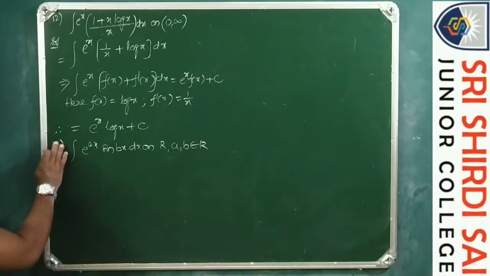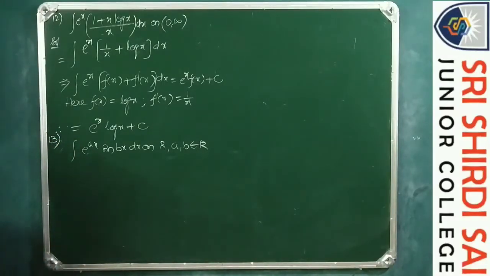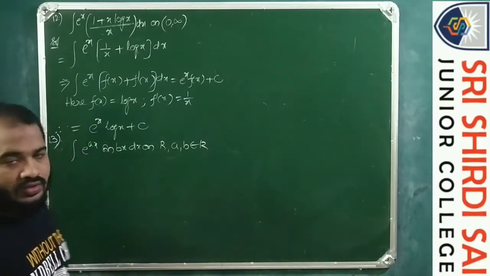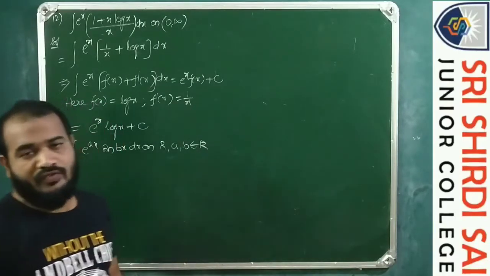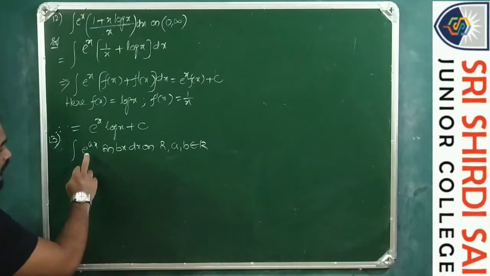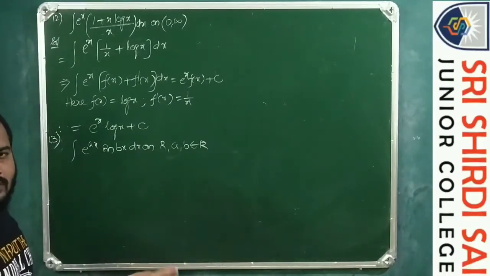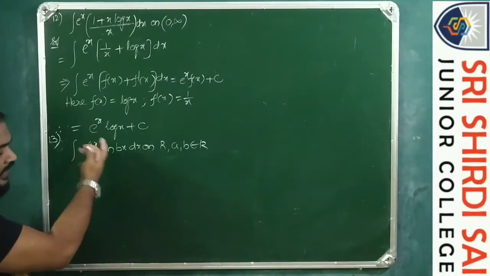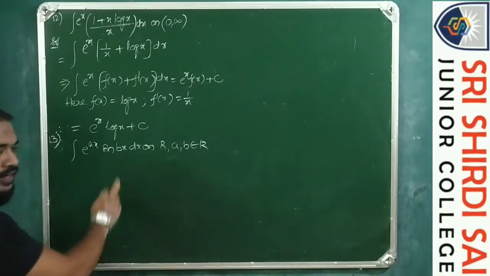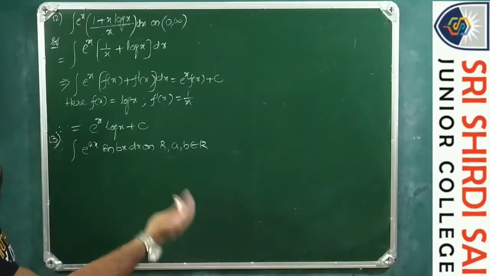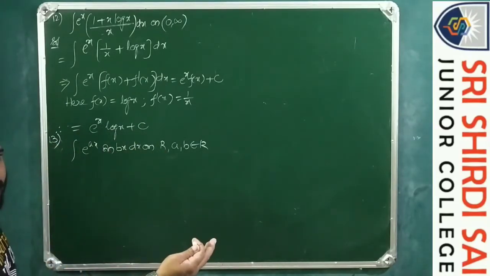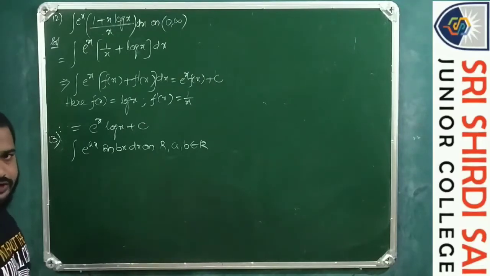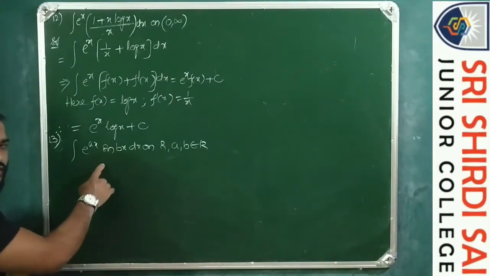So this kind of problem we have discussed before. e power ax and sine bx are repetitive functions, because if you differentiate or integrate e power ax we will get it again. Sin bx, if you integrate, gives cos bx, and if you integrate again, sin bx, or by differentiation. So this we are going to get again.